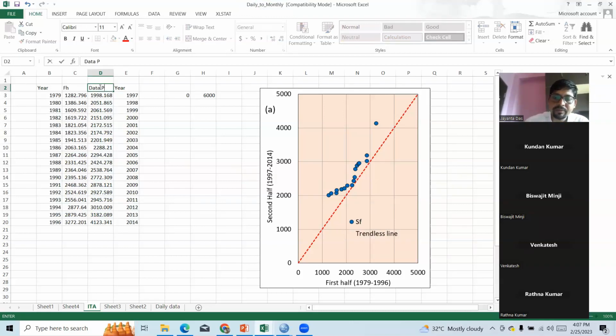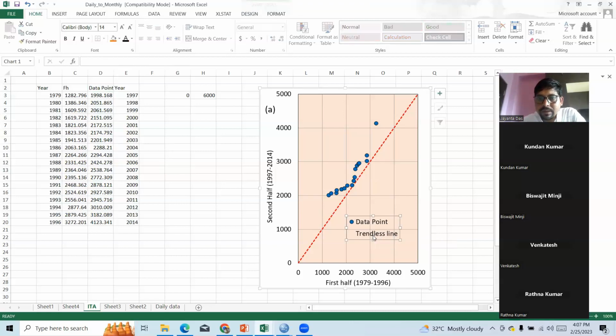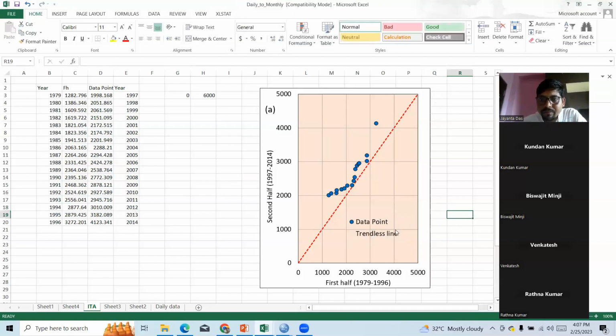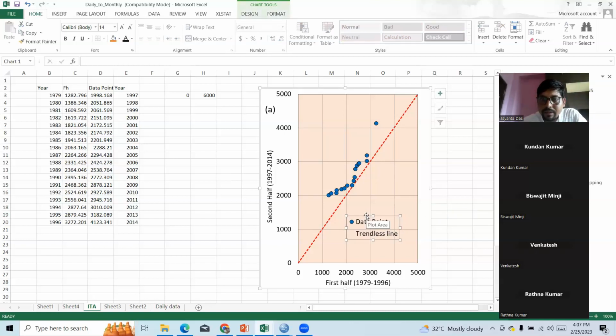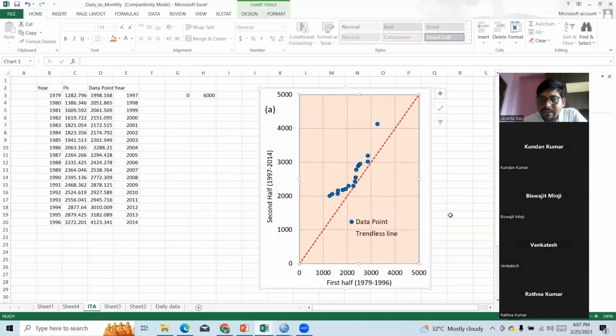Data point. Here one trendless line and data point. Sorry. Select it, and we can place it any suitable place.